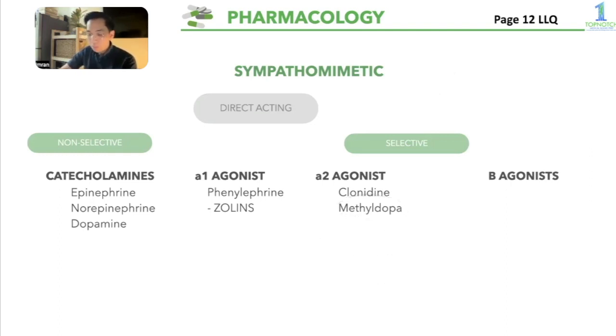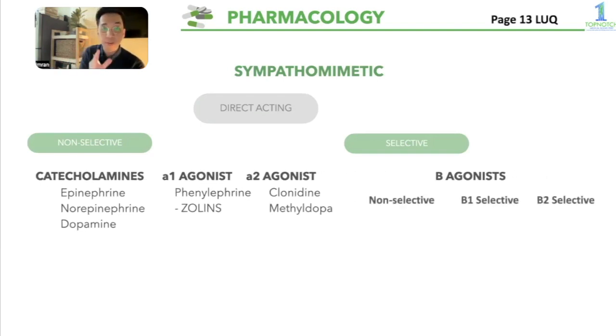So next, puntahan naman natin ang mga beta agonist natin. Tapos na tayo sa alpha 1, alpha 2. Pag sinabing beta agonist, meron tayong mga non-selective beta agonist, meaning beta 1 or beta 2 kaya nilang ma-stimulate. Example niyan ay si isoproterenol, no? Again, para ma-recall natin, saan nga makikita ang beta 1?